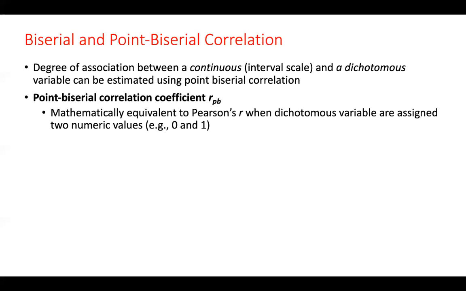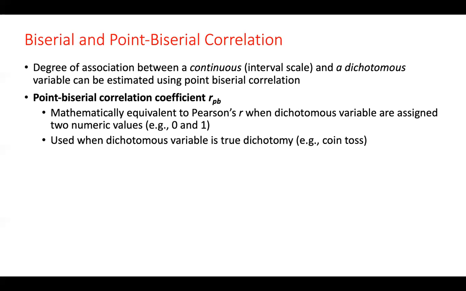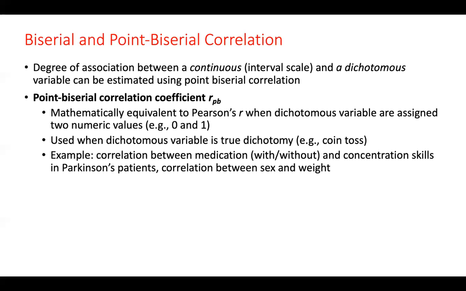That is a point biserial correlation, and it's used when our dichotomous variable is a true dichotomy, like a coin toss. Although if you develop some psychometric test, you could argue that the answer to the item is actually not a true dichotomy, but that there's a continuous variable underlying this answer.